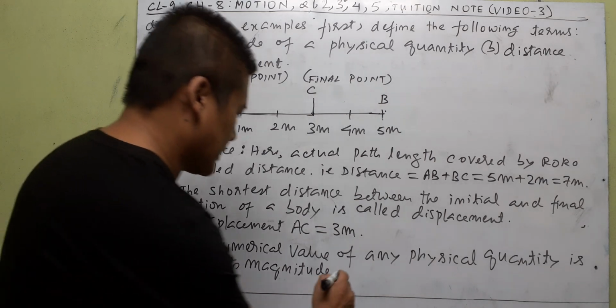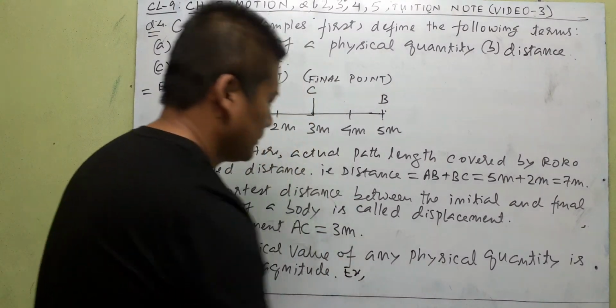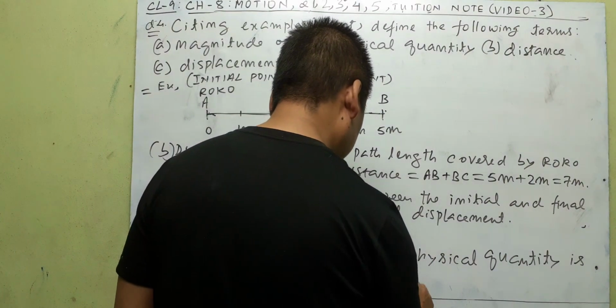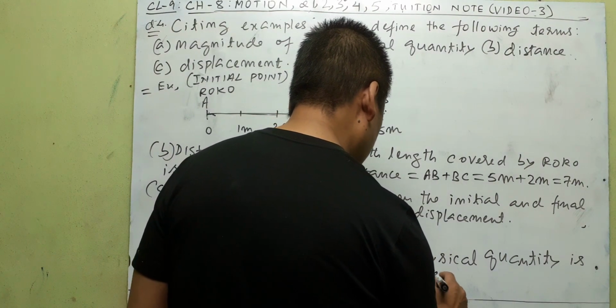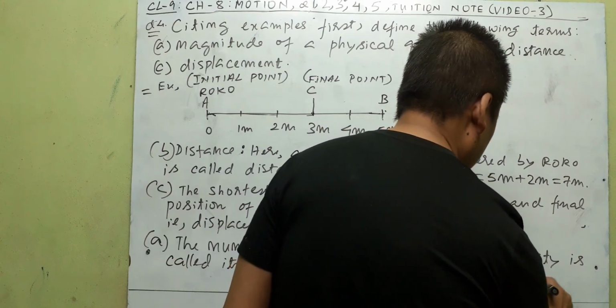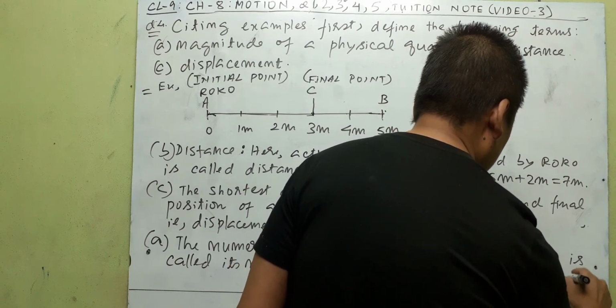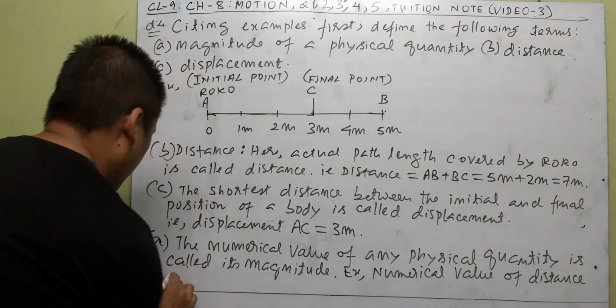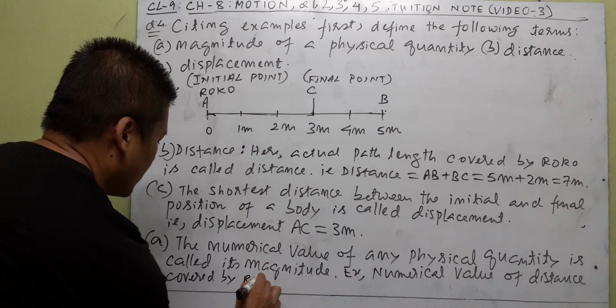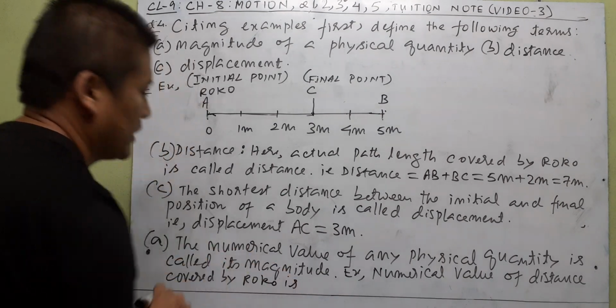So here, for example, you can say the numerical value of distance covered by Rocco is how much?